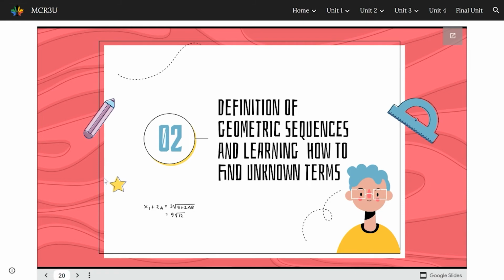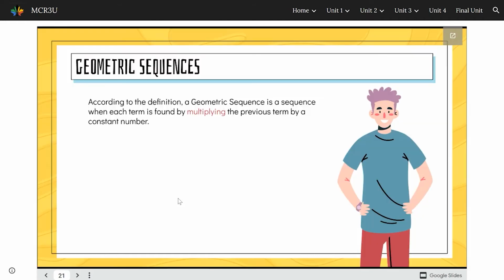For example, COVID-19 grows fast, which is geometric, or for example population growth is geometric, and things like that. According to the definition, a geometric sequence is a sequence where each term is defined by multiplying the previous term by a constant number.